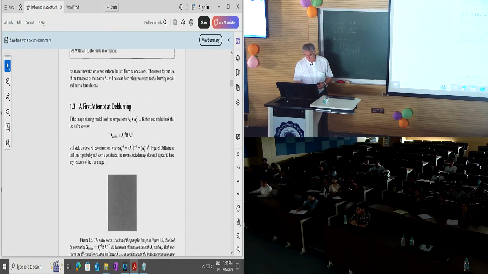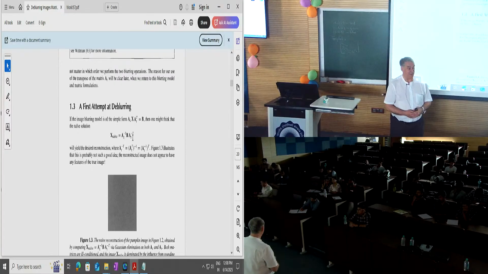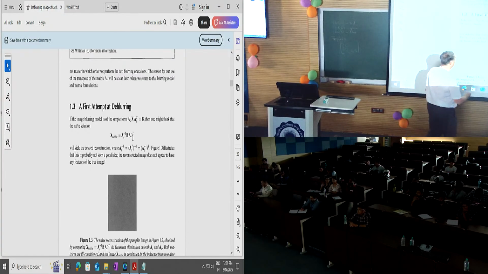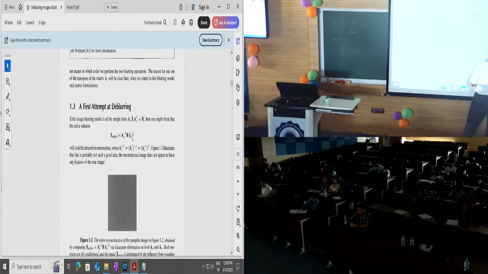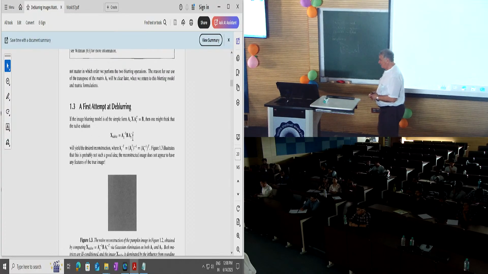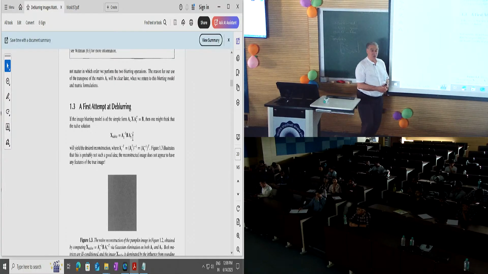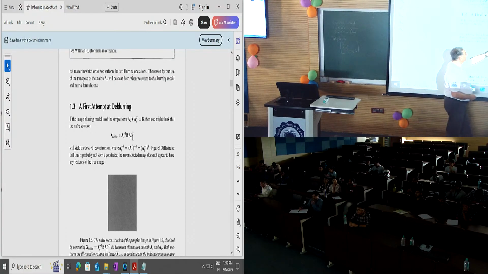The naive approach is to use the matrix inverses A_C^-1 and A_R^-1 to solve this problem. Then X naive, it is the first approach, is inverse of A_C times B times inverse of A_R. SVD, singular value decomposition, is used to find the inverse of A_C and the inverse of A_R.